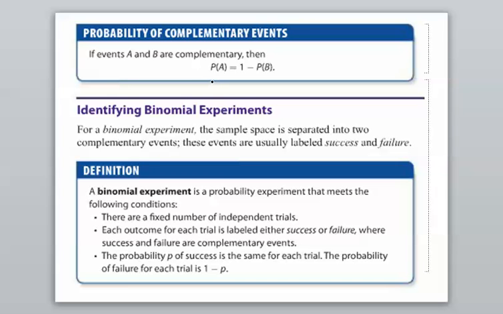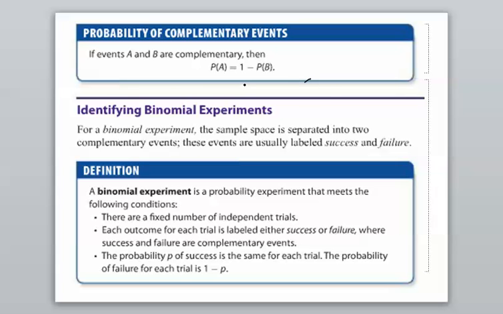Well, that didn't make sense. Okay, let's try a dice. If the probability of getting a 1 on a dice when you roll it is 1 out of 6, what's the probability of not getting a 1? It's a 5 out of 6, because it's 1 minus 1 out of 6. Okay?